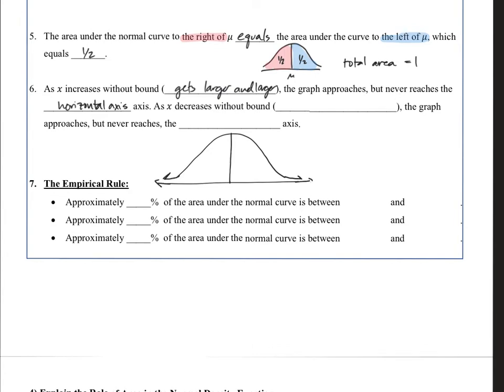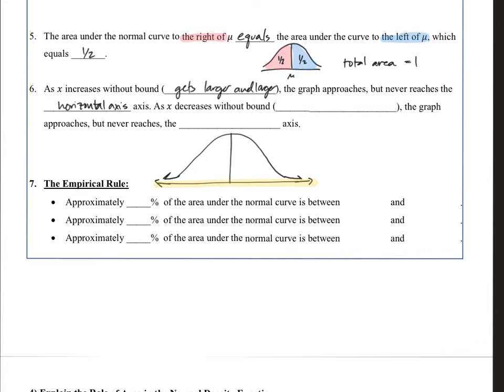Well, on the number line, which I'm going to highlight in yellow here, if I start going off into this direction, my x values are getting bigger and bigger, right? If I was to head off in this direction, my x values would be getting smaller and smaller, or decreasing. So here we're talking about as x increases. So as x increases, what is happening with my graph? Well, as I go along, my graph starts to slope downward towards the horizontal axis, but it's never going to actually touch it.